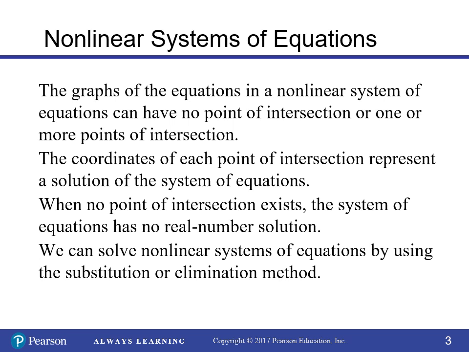When no point of intersection exists, the system of equations has no real number solutions. So if you don't get any real number solutions, that means the two graphs do not intersect. We can solve nonlinear systems of equations by using the substitution or elimination method that we've used previously.